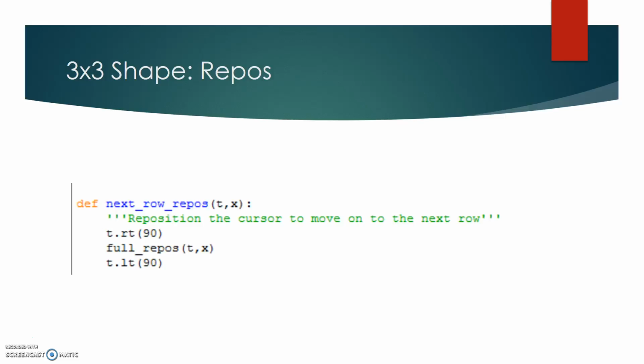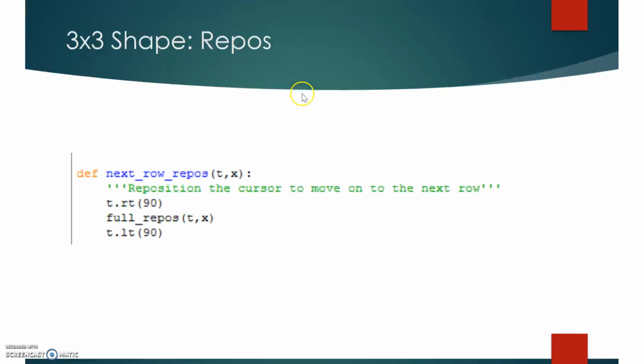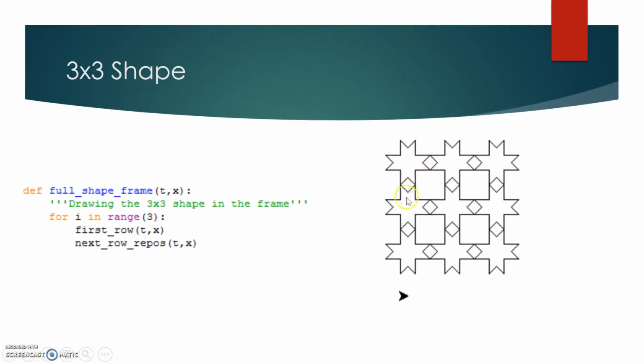Using the reposition, I can make the cursor go to the next row. So this is a 3x3 shape.